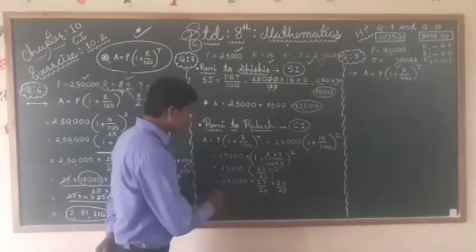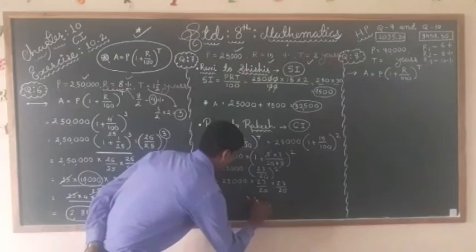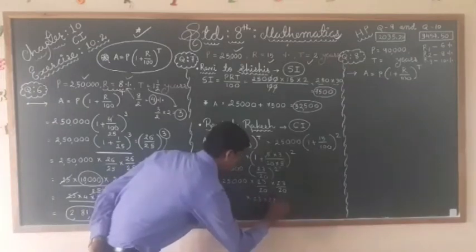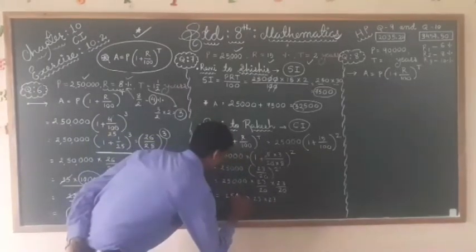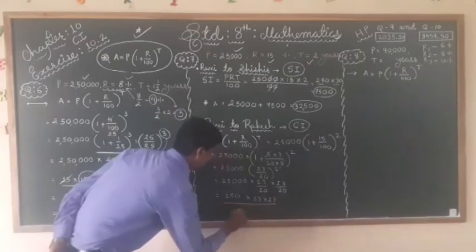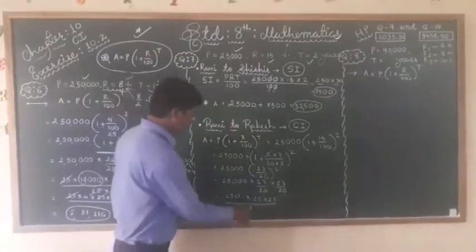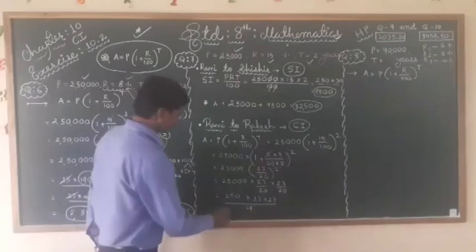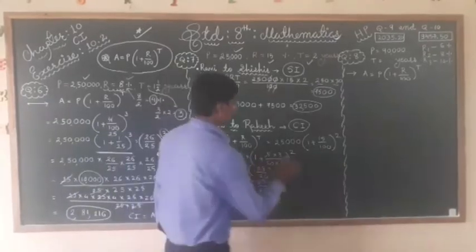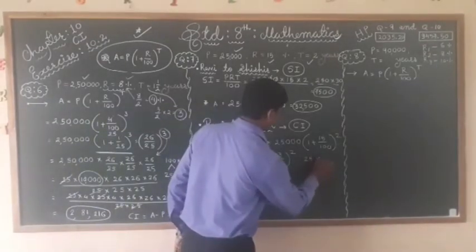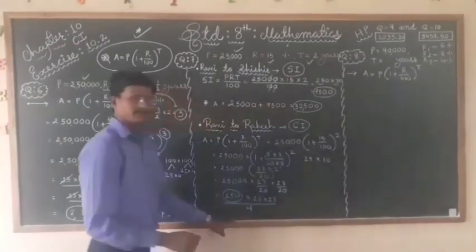Now next, what is it? Here simply you have to multiply 23 into 23 and 250 divided by 4. It is possible to make it simple if you do this: suppose you do 25 into 10, that is also possible to make it simple.